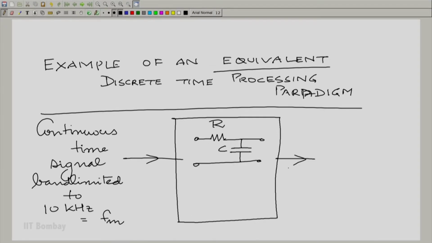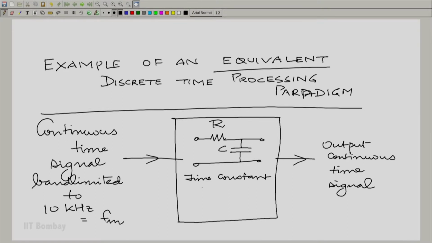Now, we would of course generate the output continuous time signal, and here we will choose the time constant as follows. Essentially 1 by tau is an indication of frequency, in fact of angular frequency.